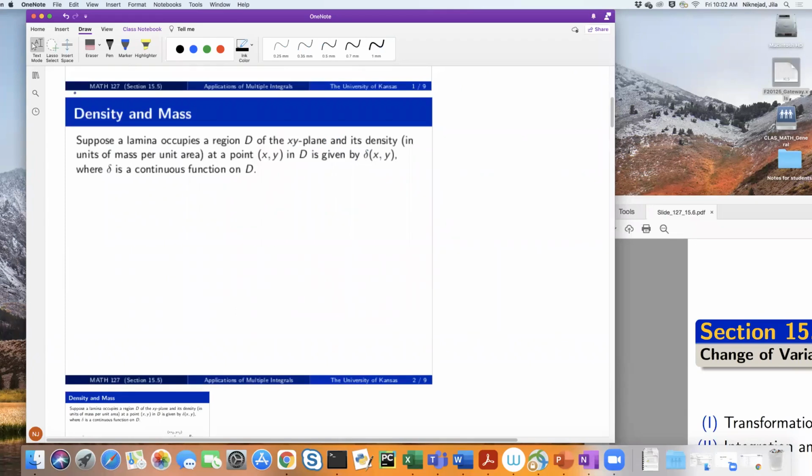Okay, so here's what we used to do. We would talk about a lamina, the two-dimensional region, right? A lamina is a two-dimensional region like that in the XY plane.